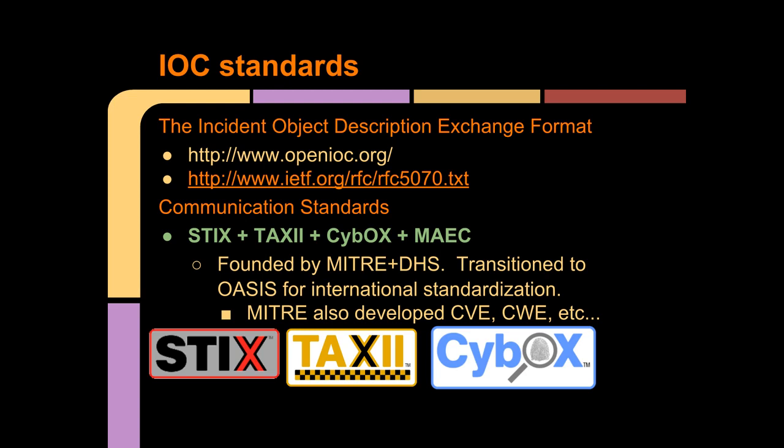These organizations have been working to standardize indicators of compromise and their documentation and communication. The Incident Object Description Exchange format is at openioc.org, and there's an RFC on it.